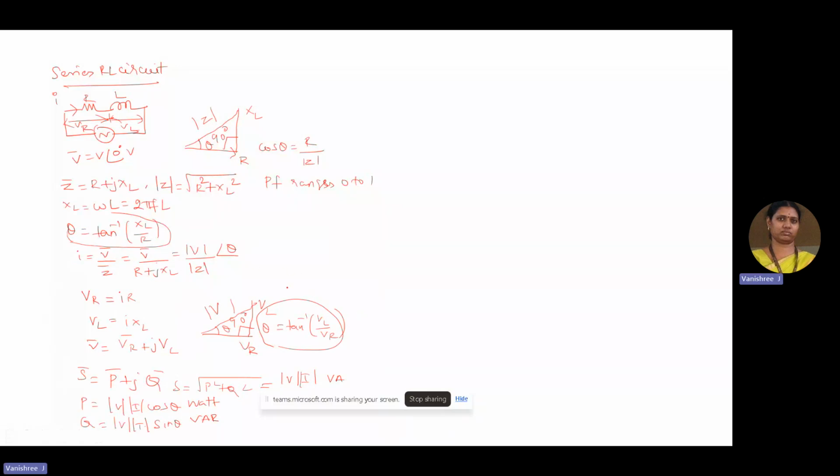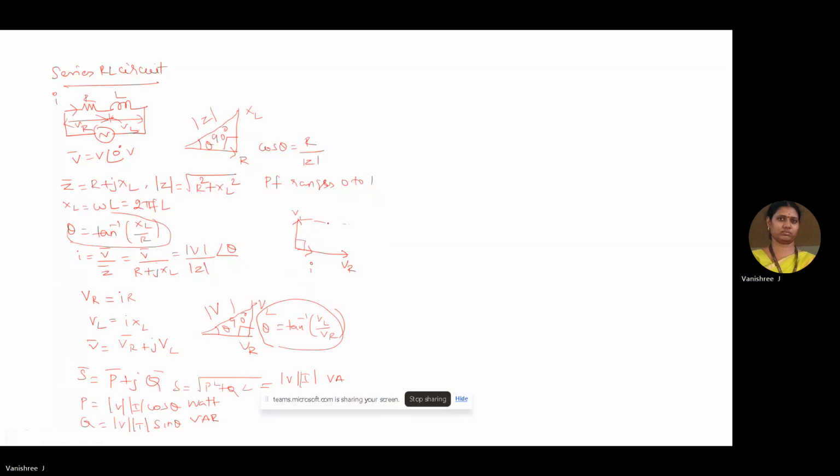Now, coming to the phasor diagram of the series RL circuit, let us take VR along 0 degree and the current I is always along VR, which is in phase. Then VL is drawn at 90 degree between VR and VL.